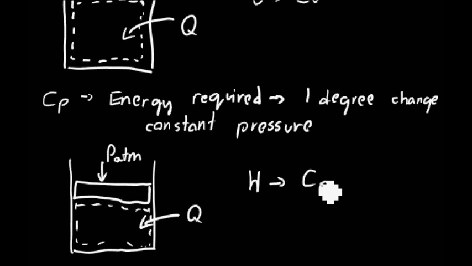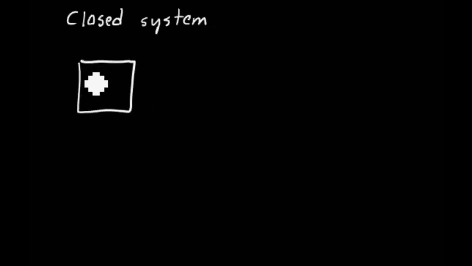Okay, so let's just look into detail at these relationships. Okay, so let's say that we have a closed system, like the one we showed first. Okay, and let's do the energy balance for this relationship.